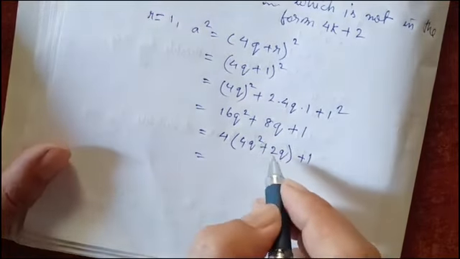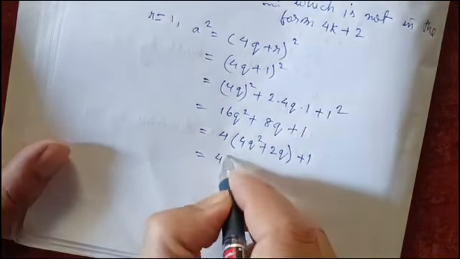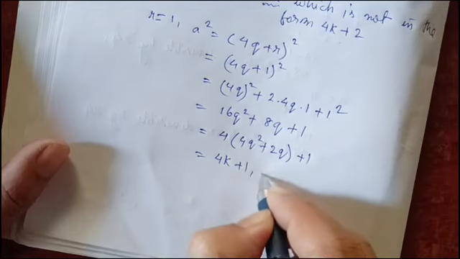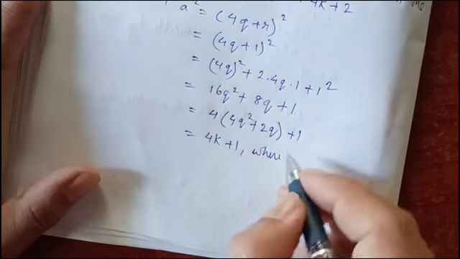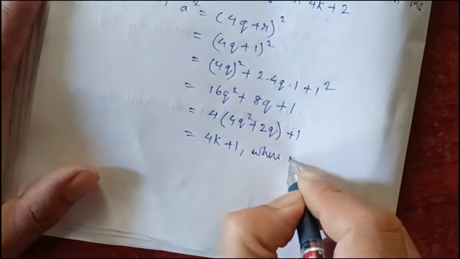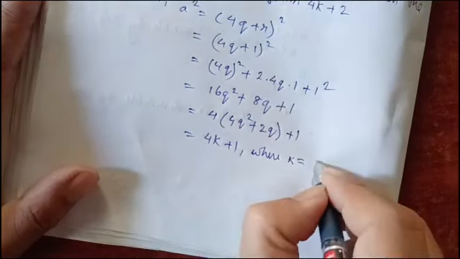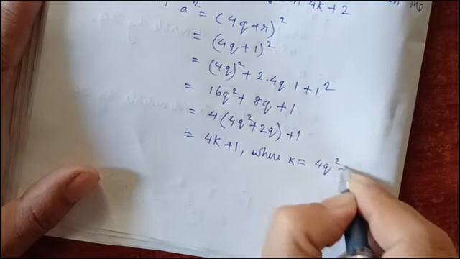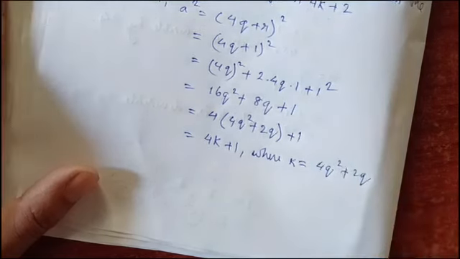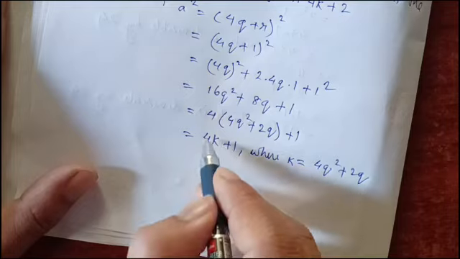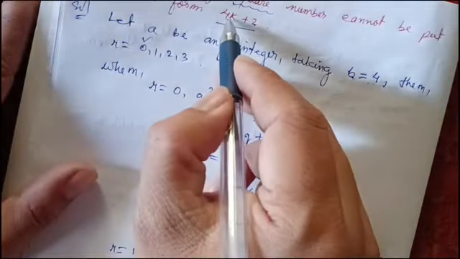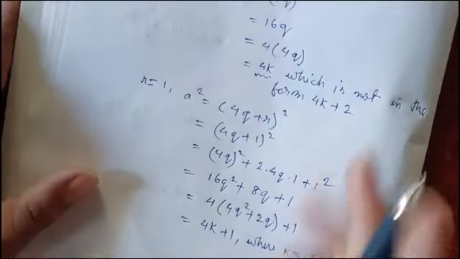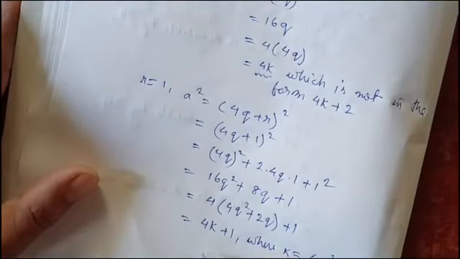Then the number which is inside the bracket you replace with k, where k equals 4q square plus 2q. So we get 4k plus 1. The question says 4k plus 2, so we cannot get 4k plus 2.